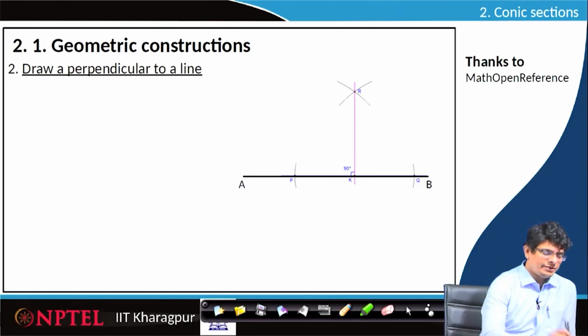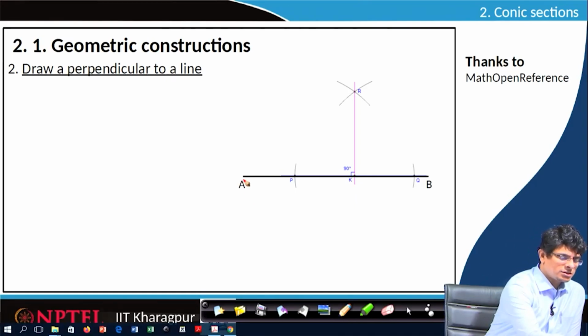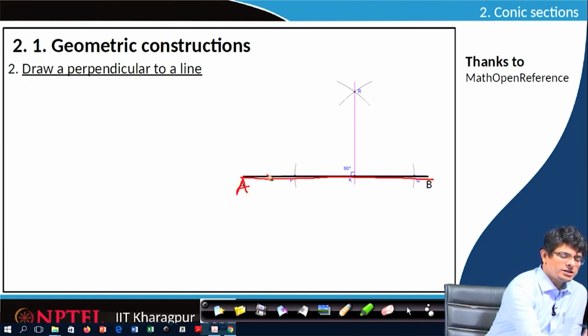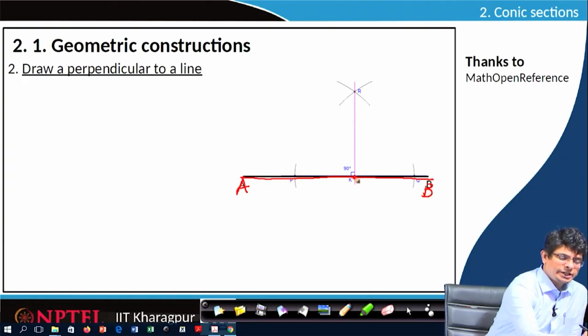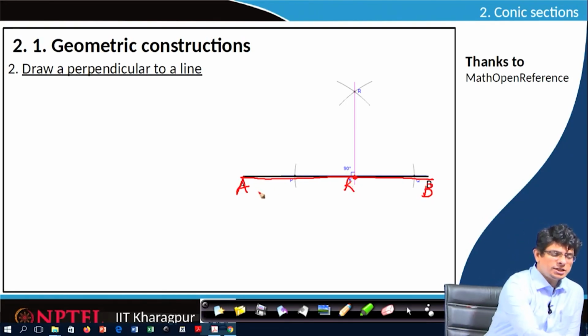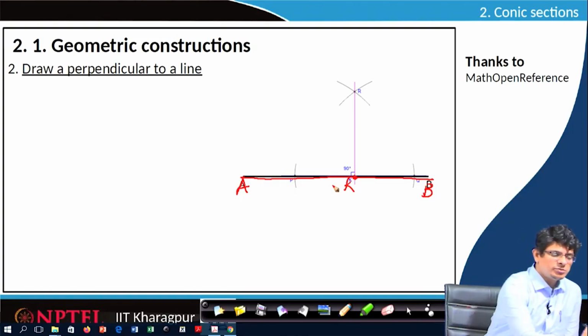So, what is given is we have a line AB, point A and point B. There is a special point K. This K point may not necessarily be midway between A and B, it might be a bit offset. That means AK might be larger than KB.